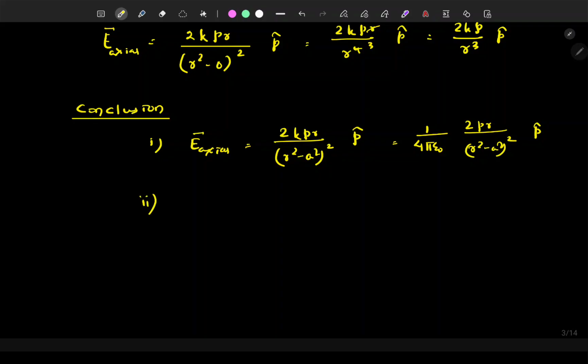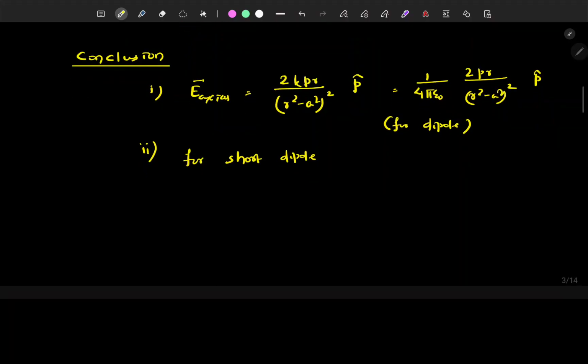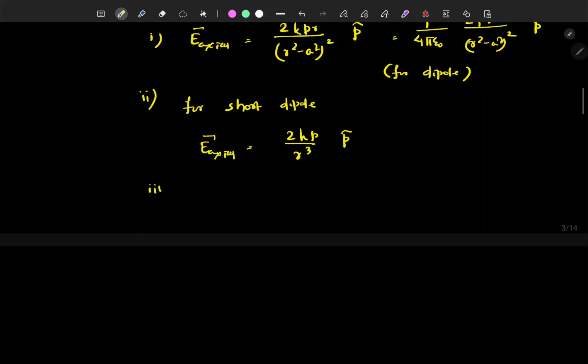Second, this is for a dipole; if the dipole is very small, for a short dipole, E axial is 2kp by R cube into p cap. Third, clearly from this expression we can say E axial is proportional to 1 by R cube.